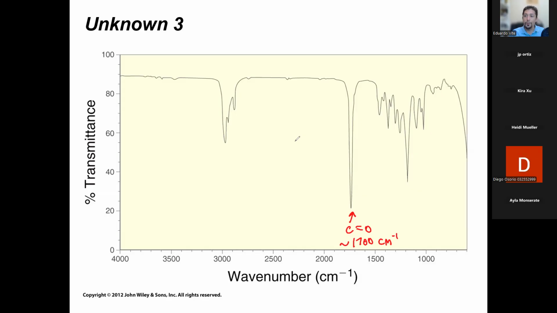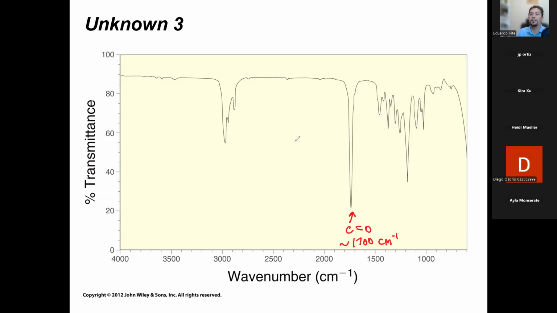You would observe an OH and it would look like a beard, right? It would be from 2500 to 3500. Is that what you see in this graph? There is no wizard's beard between 2500 and 3500. So there cannot be a carboxylic acid. So this is not a carboxylic acid carbonyl.